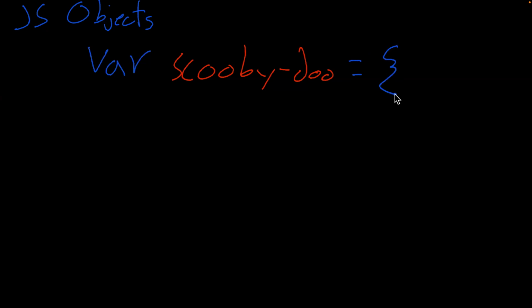I'm going to open and close the curly bracket over here. This is our object, the opening and closing of our object. Now, inside it needs to contain some data because right now it's an empty object, but this is an object relating to the information of Scooby-Doo. All right, so let's go ahead and create some information here that we can access.